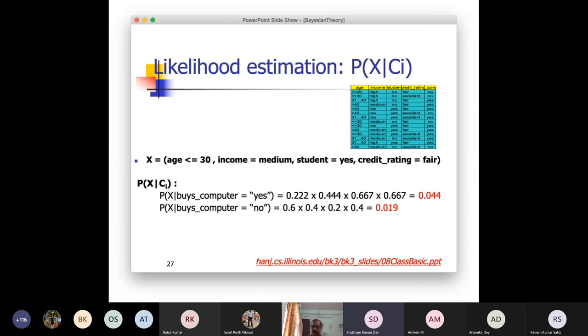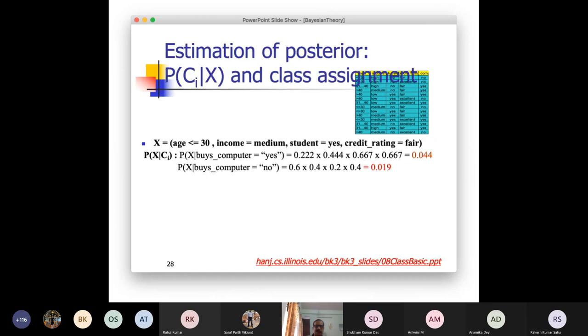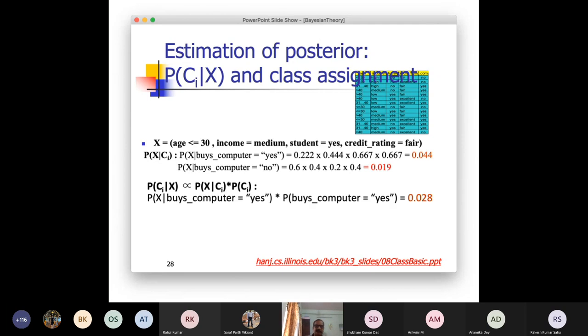So that is a maximum likelihood based approach. But for Bayesian inference, we have to use the maximum a posteriori probability based approach. So maximum posteriors basically. For estimation of posterior, we also have to consider the priors, and then that is proportional. So this is the proportional value, 0.028 for yes and 0.007 for no.